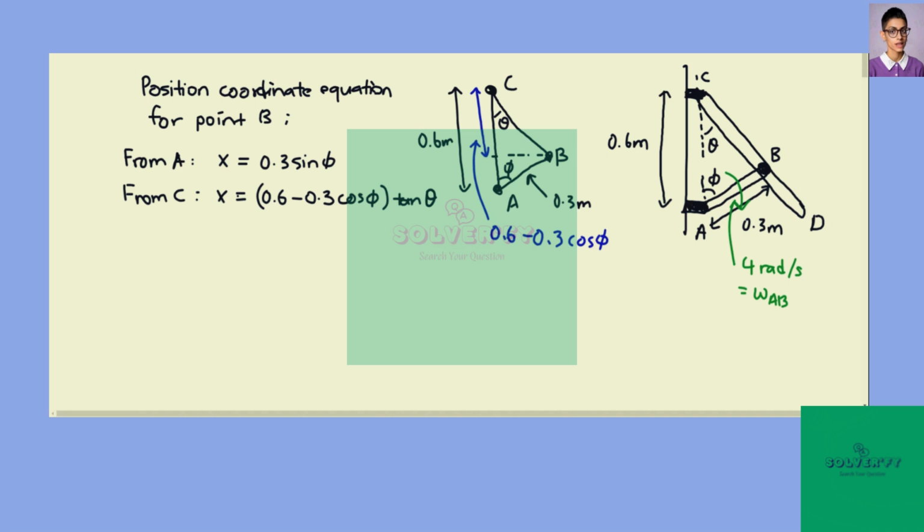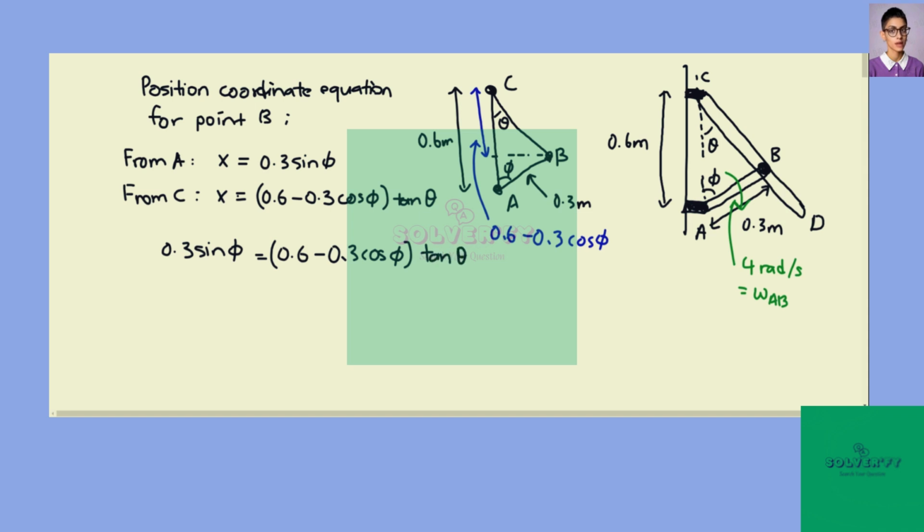We also need to utilize the given information, which is omega AB, which is equal to phi dot. That's the reason why we need to write these two equations. The two x coordinates are the same, so we can write 0.3 sine phi is equal to 0.6 minus 0.3 cosine phi tangent theta.